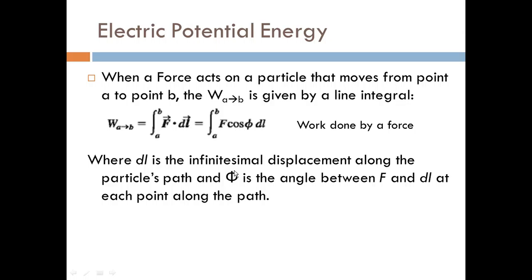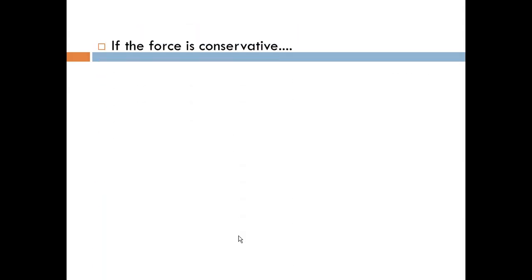The angle here represents the angle between F and the displacement. The other form of the work done is in algebraic form, not in calculus form, and mostly in the succeeding examples, we will be using this algebraic form of the equation.